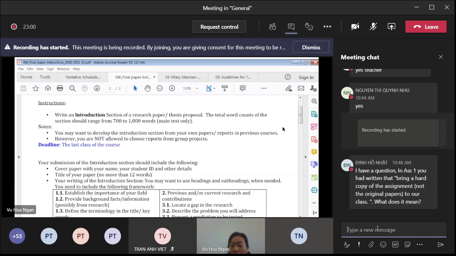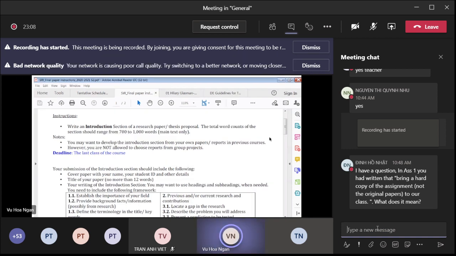You can attach the papers. Does that make sense? So again, please attach the copies of originals. Originals mean the full text of the publications that you use. Does that make sense?